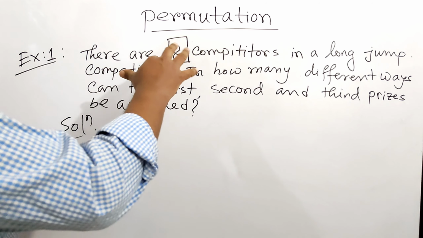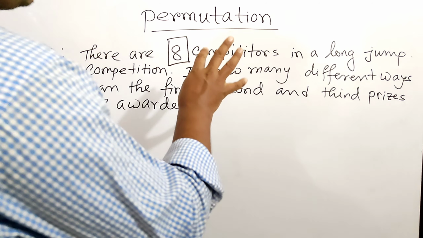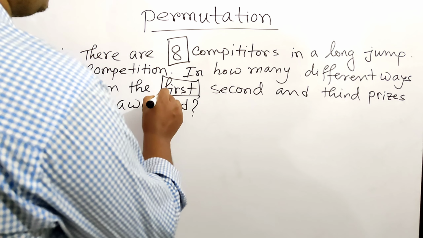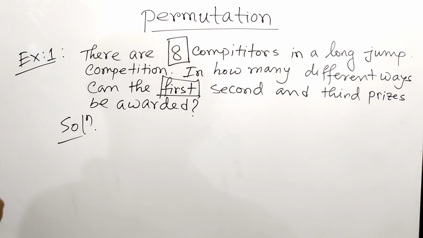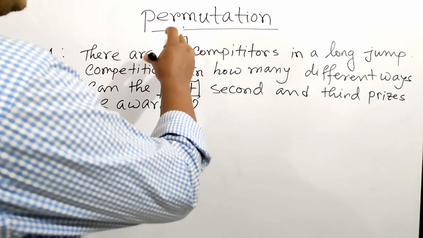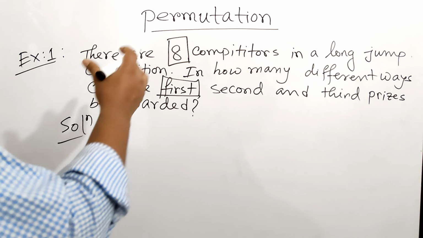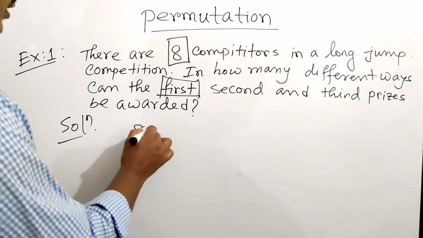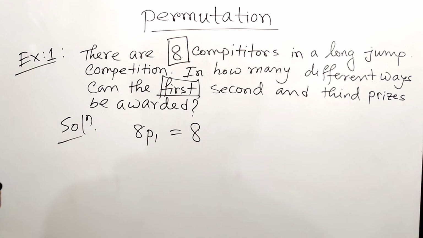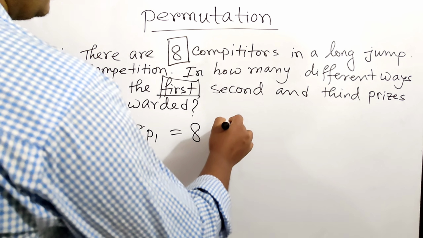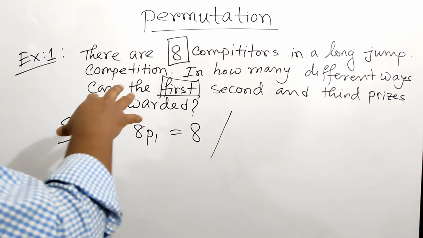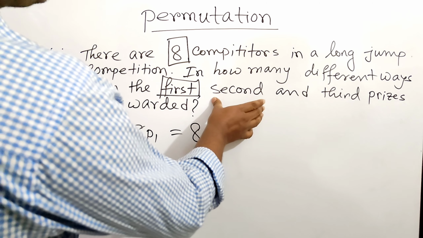Out of these 8 competitors, if you give the prize for the first position, only one person can be first, so you select one person from 8 competitors. How many ways? That is 8P1, that means 8 ways. Then you give the second prize.